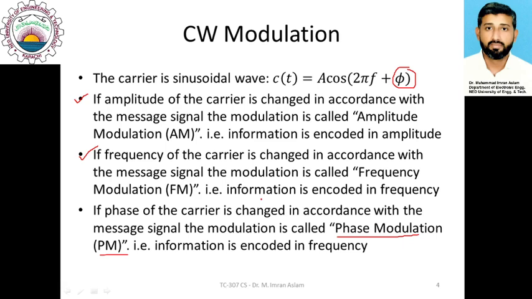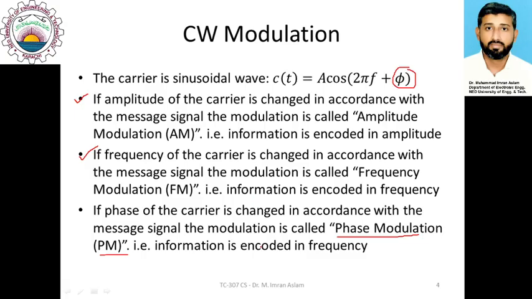So where you have high amplitude, you will be having a relatively higher phase, and where the amplitude of the message signal is low, you will be having a relatively smaller phase angle.